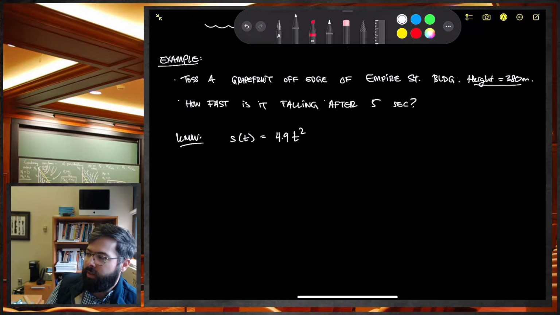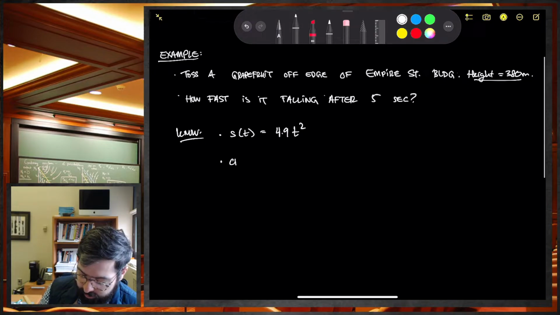So how fast it is falling after 5 seconds is really asking how fast that distance is changing. So how do we measure the change in distance with respect to time?